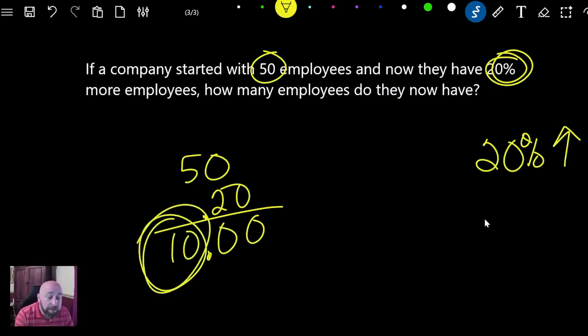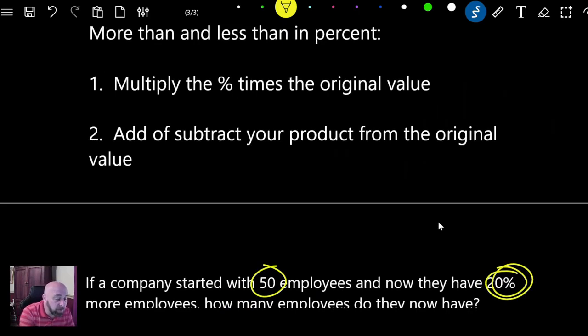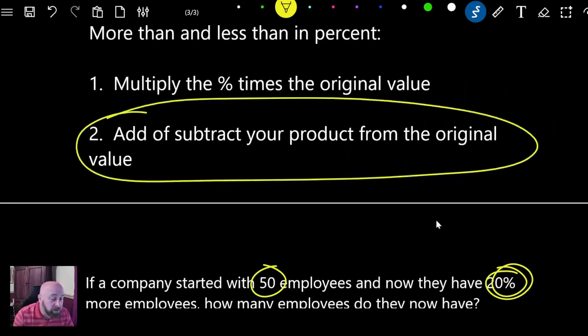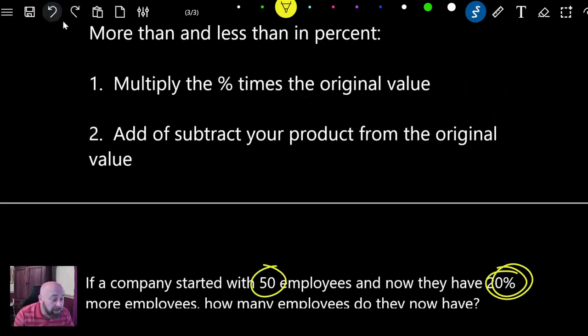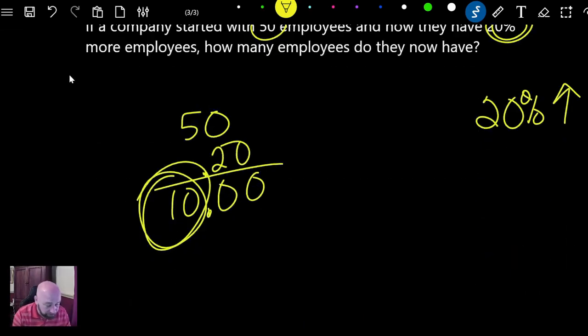Okay. And now the second step to this was to add or subtract. Well, when you're adding, you have an increase. When you're subtracting, you have a decrease. All right, so we're adding, so we're increasing.